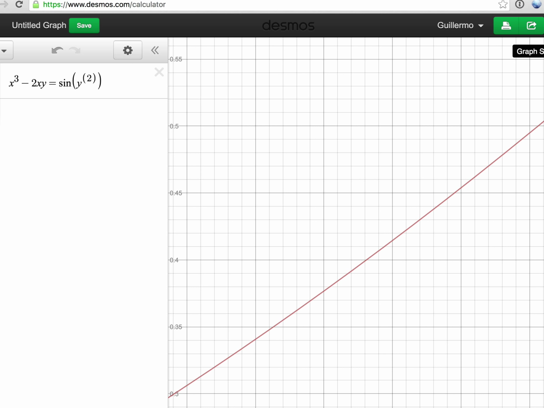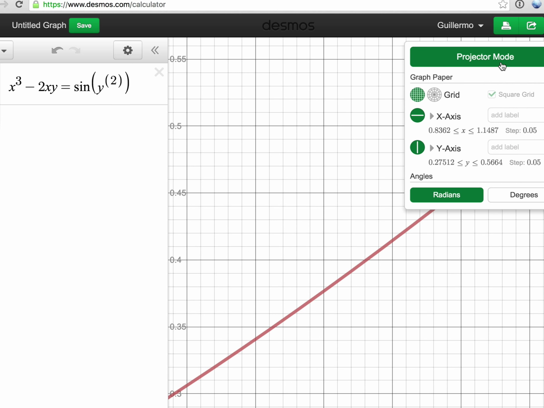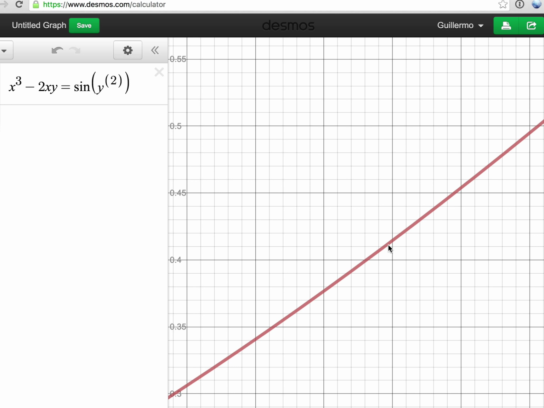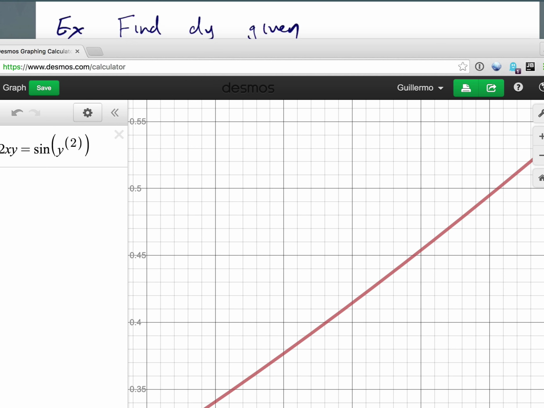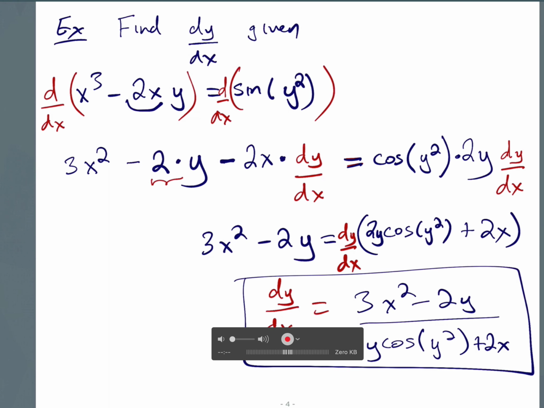Oh wait, I know. Projector mode? Is that better? Okay, so that's 1 and then 0.415. Okay, we'll do that and we'll test it out. Okay. So you guys remember? So let's add on.